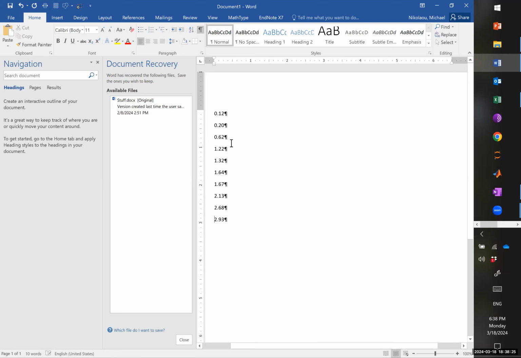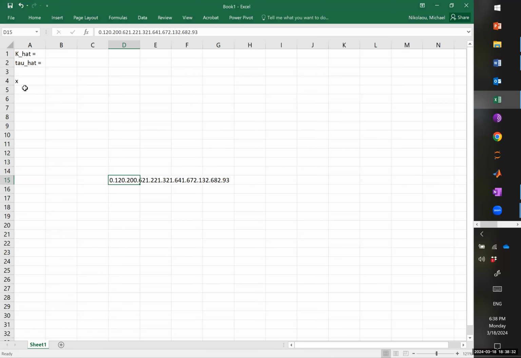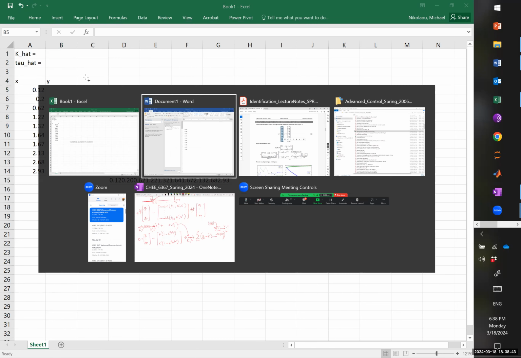These are my X data, so take these into the Excel sheet. I'm pretty sure there are more efficient ways of doing that, but let's stick to that for now. And Y, I'm going to copy the data.